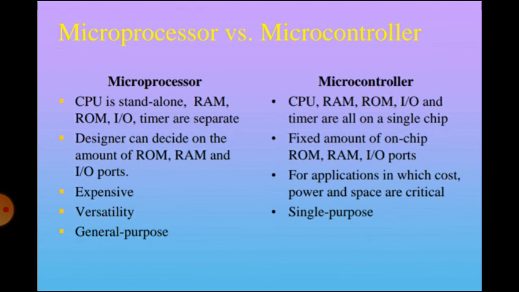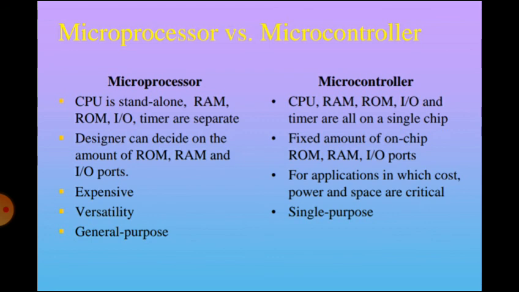So microcontrollers are used in automatically controlled products and devices such as automobile engine control systems, appliances, power tools, and other embedded systems. So, the difference between a microprocessor and a microcontroller: in a microprocessor, the CPU is stand-alone, and RAM, ROM, input output, and timer are separate.